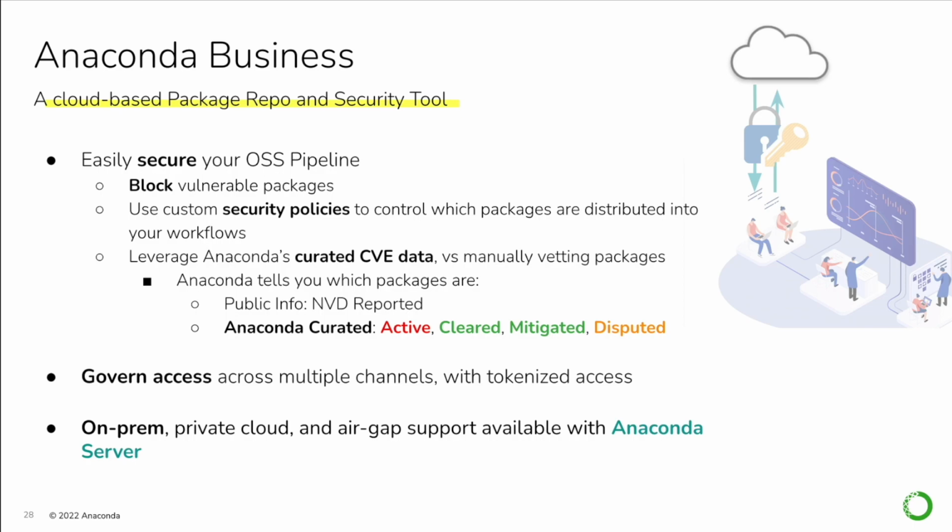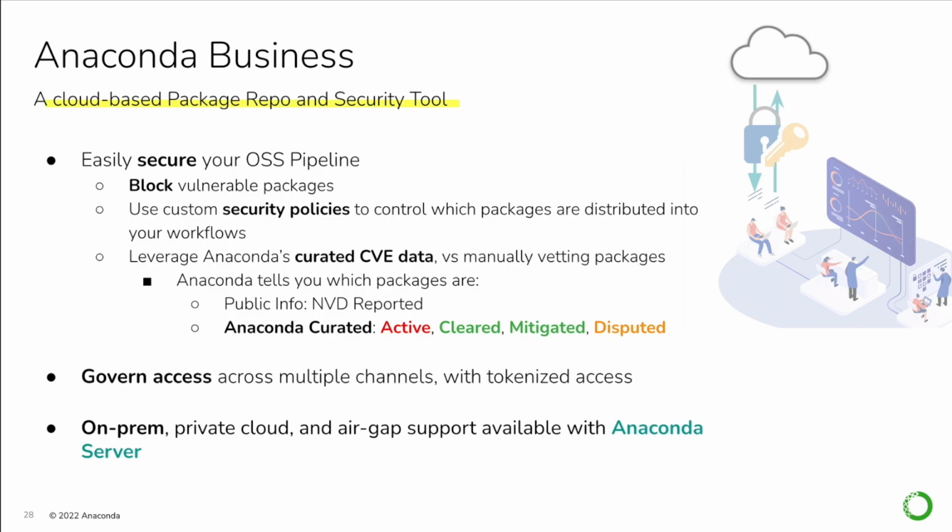This is where automated security policies and governed channels come into play, right? The ability to block vulnerable packages, the ability to automate your security policies, and the ability to leverage curated CVE data coming from the builders themselves, versus simply relying on public data and then spending hours and hours of man hours reviewing this yourself.